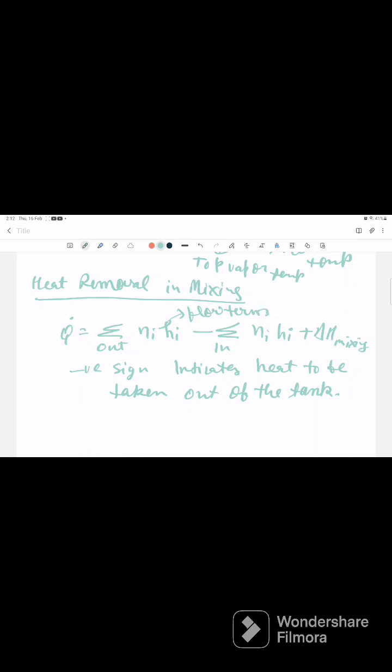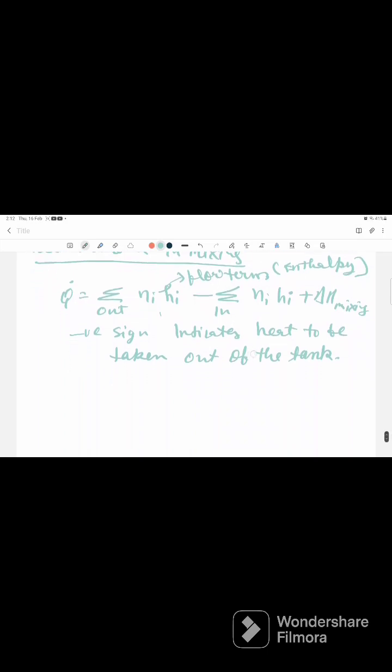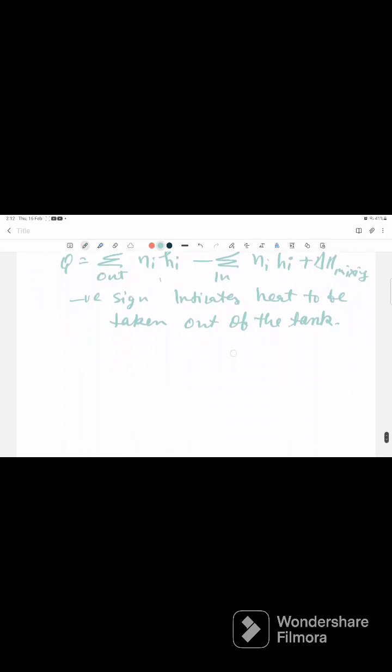This H value, enthalpy, is related to flow. So out minus in plus change in mixing.